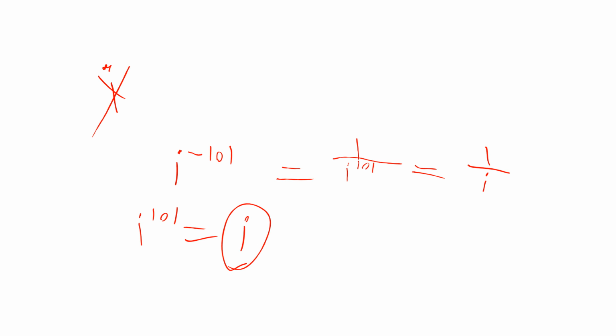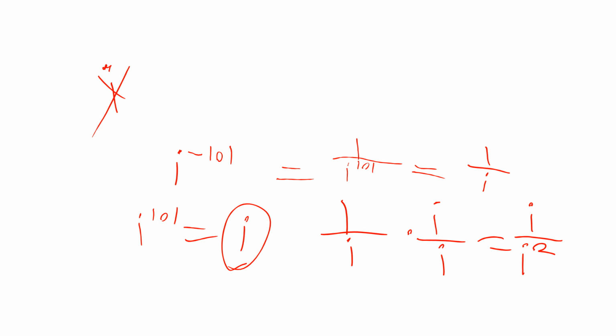Now we have 1 over i. So if we have i as the denominator, that's not going to be too good. So as we learned, we did the rationalizing denominators. We might be able to do the same thing here. Multiply top and bottom by i. It's just i. This is i squared.